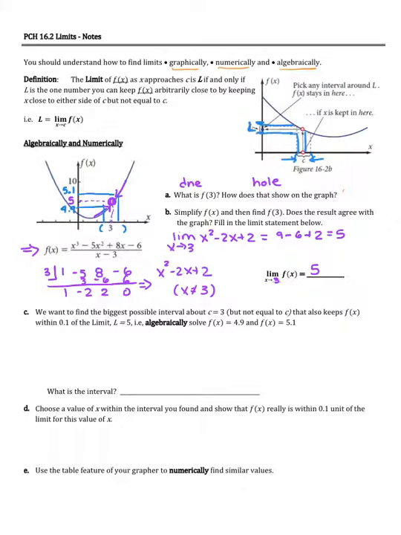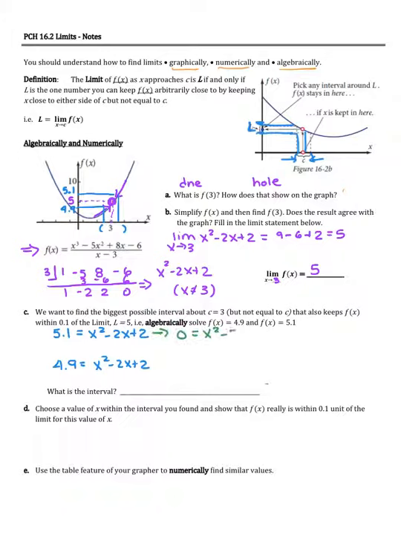So the way we do that is we set our f of x equal to 5.1, and we're going to use the simplified version. And then down here I'm going to have 4.9 equals x squared minus 2x plus 2. And so notice we have two quadratics. In both cases, we're going to set them equal to 0.